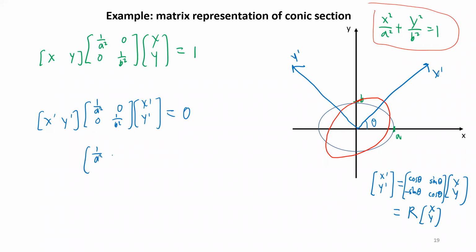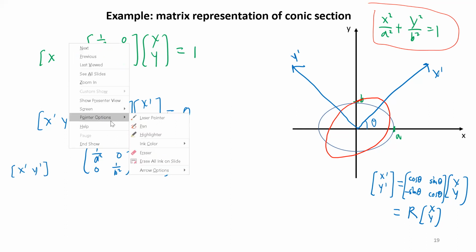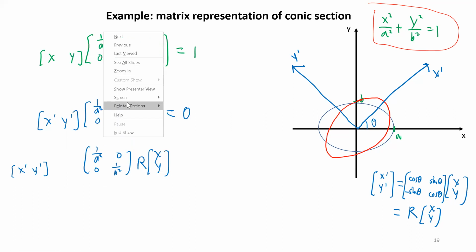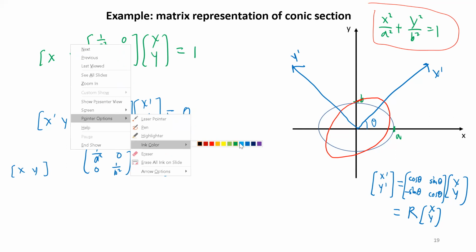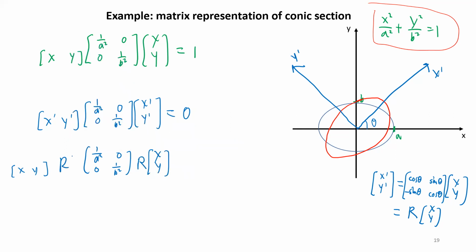So 1/a squared, 0, 0, 1/b squared, Rxy, times x prime, y prime, which is xy times RT. Right.